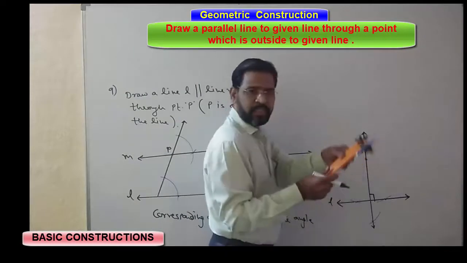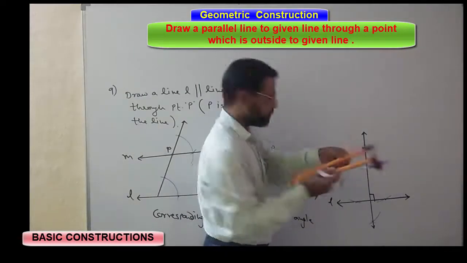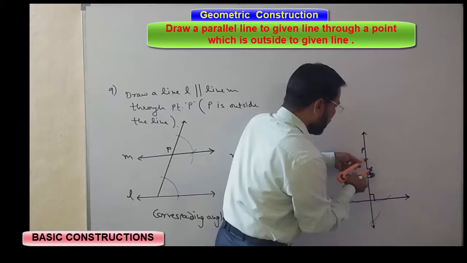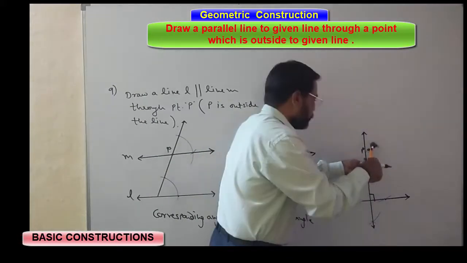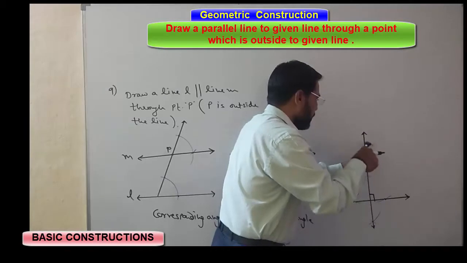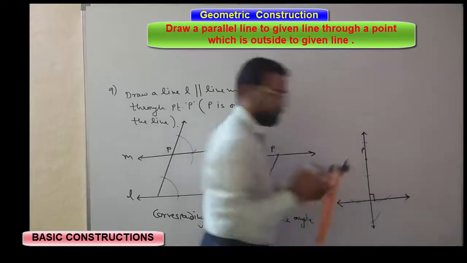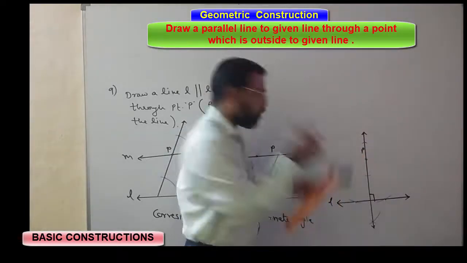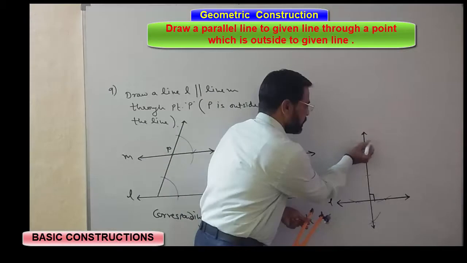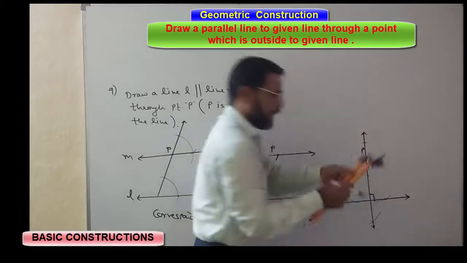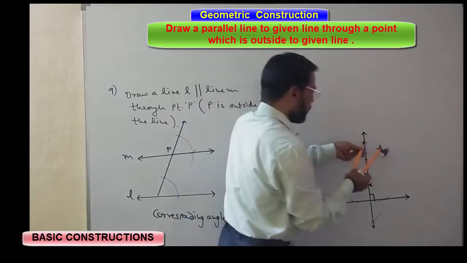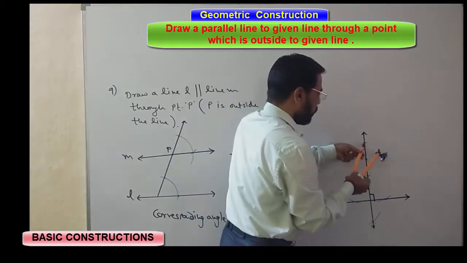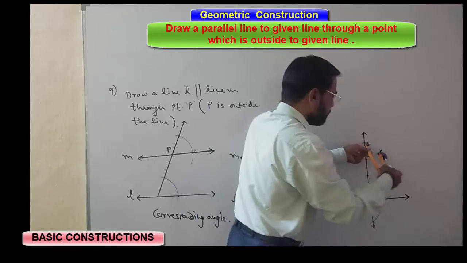Again take the same distance in the compass like this. From point P, try to draw one arc here and to this side as well. Okay, like this one. Now we get 2 points here. This is one, this is the second point. I'll just extend the distance in the compass. Put here and try to draw one arc here.